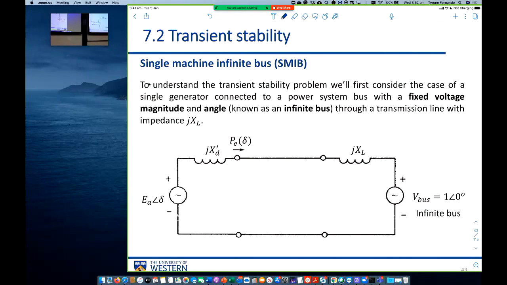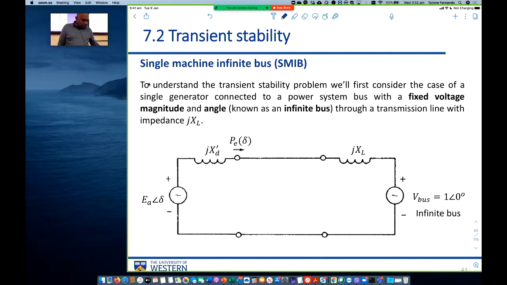On the left you have the synchronous machine connected to that, with some line impedance jXL. And the model for the generator is E angle delta with jXd dash.